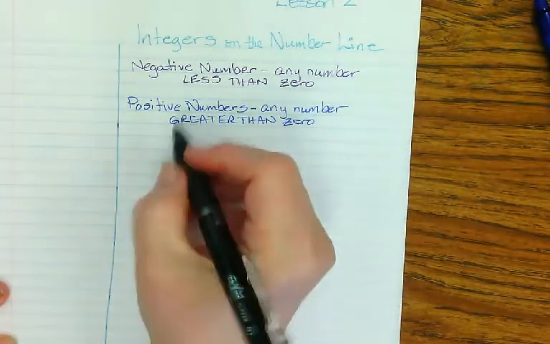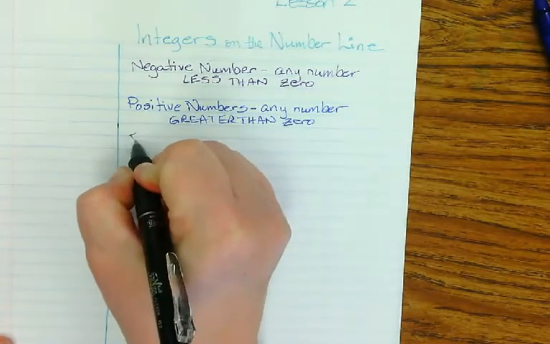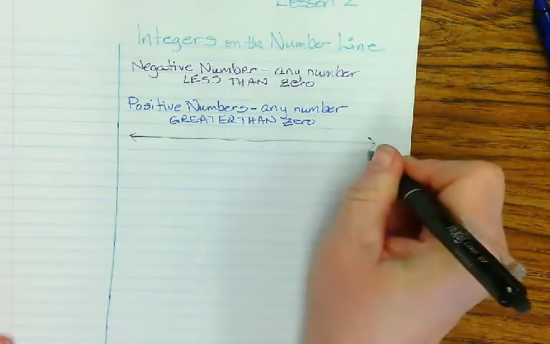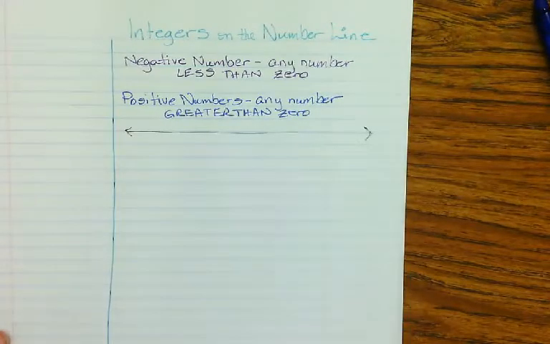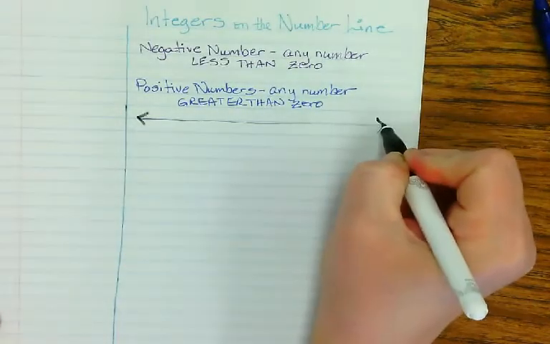So, on a number line, you already know, because you've seen it, I just don't think you've really thought about this. But on a number line, we have an arrow at each end. Okay?